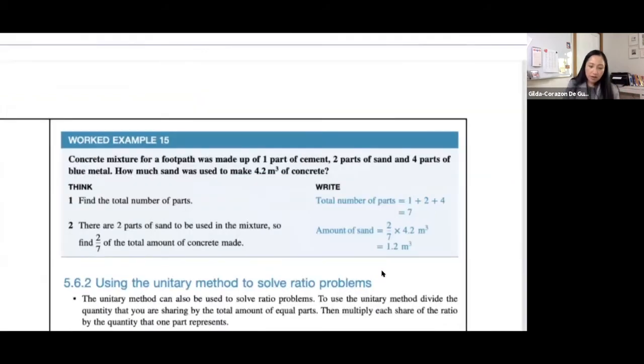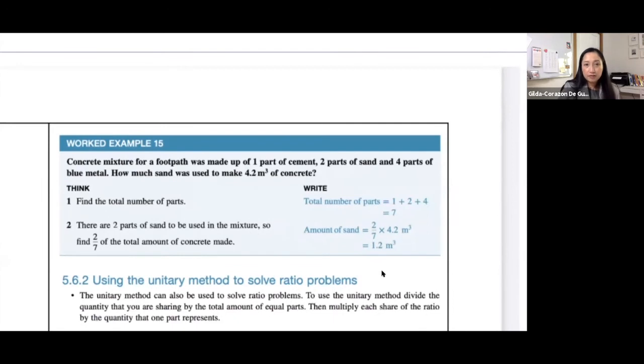So how do we do this? We want a mixture of cement, sand, and what's a blue metal? I don't know what that is. Maybe some powder or something for them to be able to make that concrete. The only difference from the previous question is that this would just be in a worded statement.